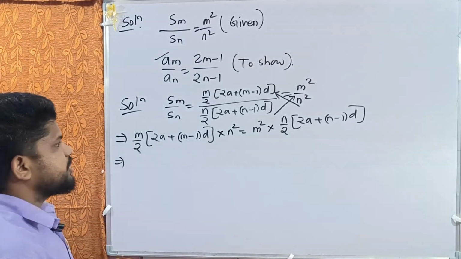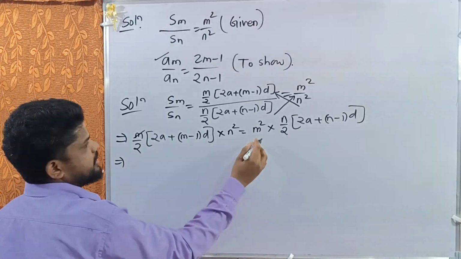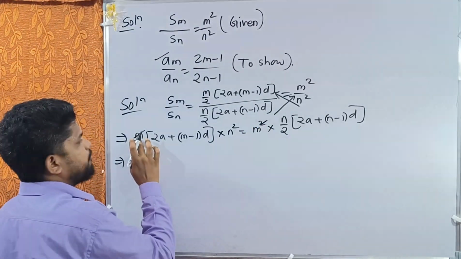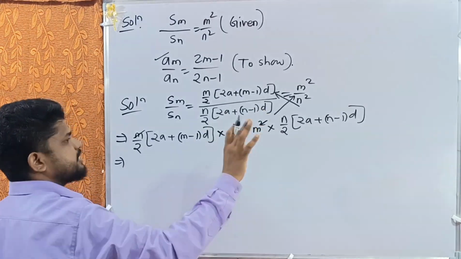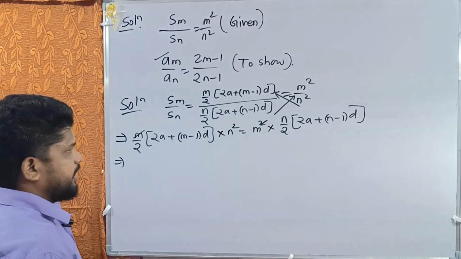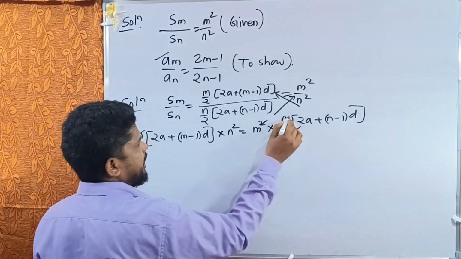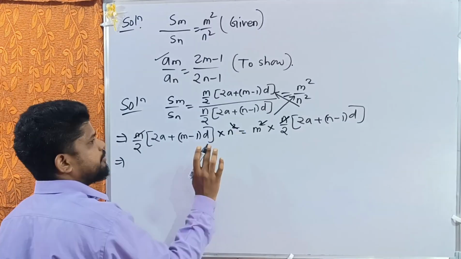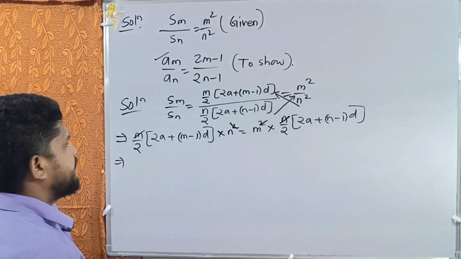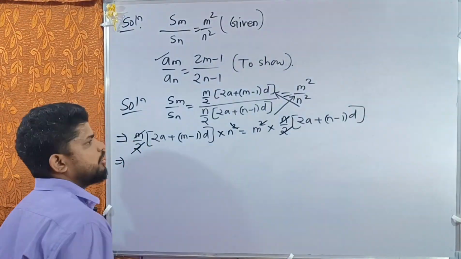Here, dear students, you can observe that on LHS m is there and on RHS m square is there, so m will get cancelled out. Similarly, on RHS we have n and on LHS we have n square, so n will get cancelled out, and the divided by 2 on both sides will also get cancelled.